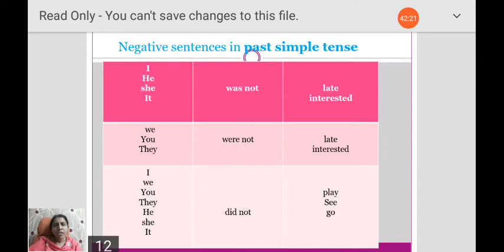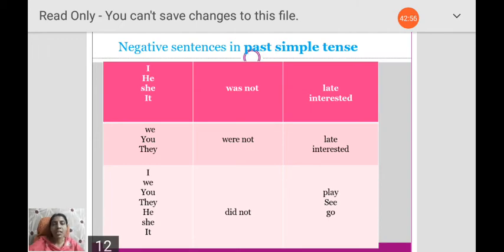For us, this subject complement and verb complement is a tough thing to take into our brains. So the simple thing is, if there is no main verb. See, in the third column we have the main verb, that is play, see, go. Whenever a main verb comes, we use did not, and for others we use was not or were not according to the subject.